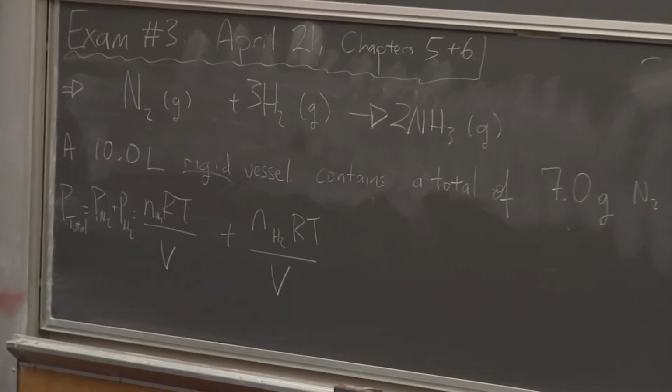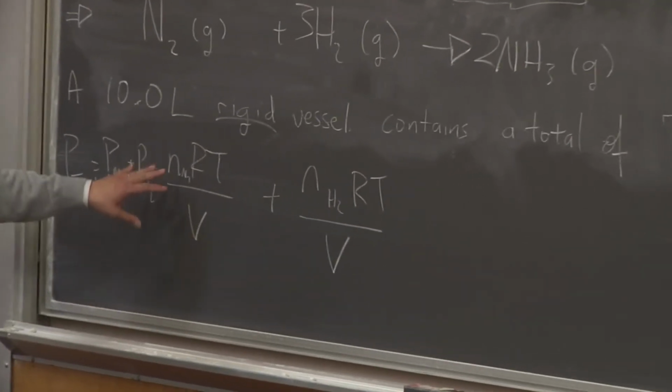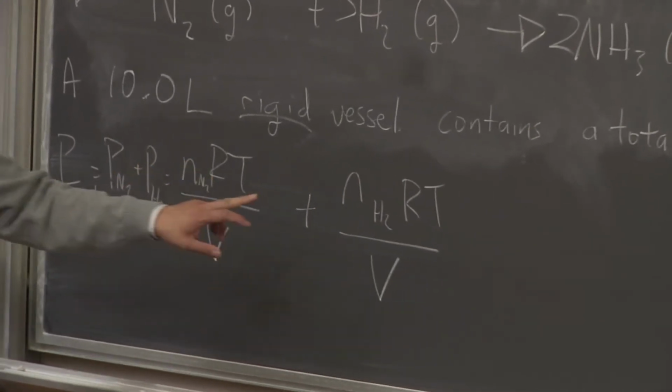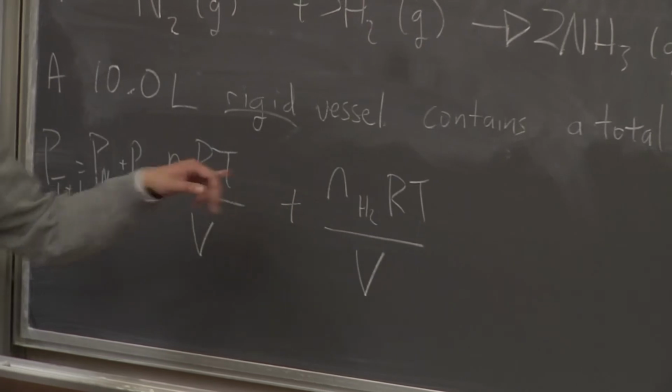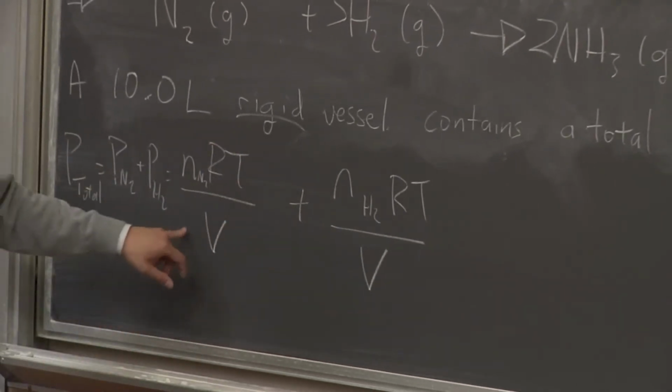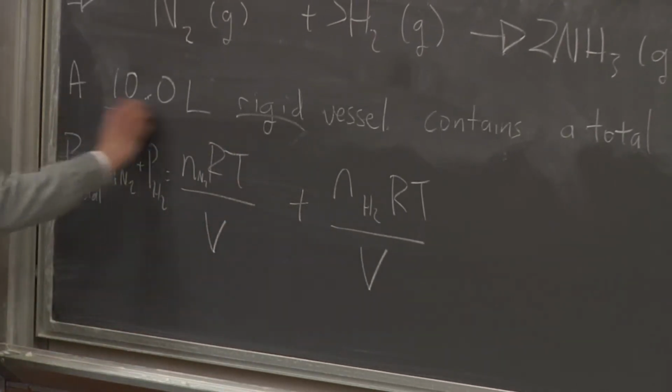So what I need to do is find n for N2, the number of moles of N2, and the number of moles of H2, because R I know, T I know, it's standard temperature, and V I know, it's a 10-liter rigid vessel.